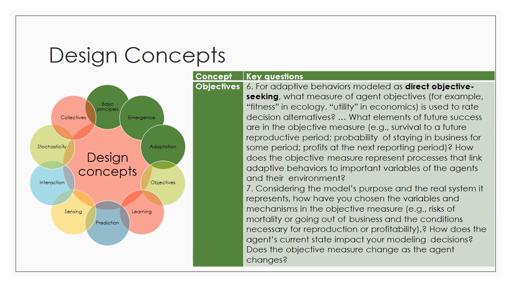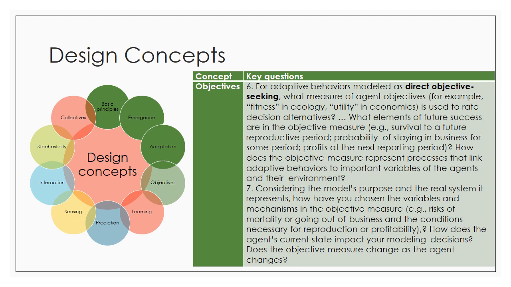And speaking of objectives, of course, you're going to have to define the objectives. For adaptive behaviors that you have modeled as direct objective seeking, which means that an agent gets to select a decision among a number of alternatives based on the maximum benefit of that decision for the agent, you're going to want to talk about what is the measure of the decision.